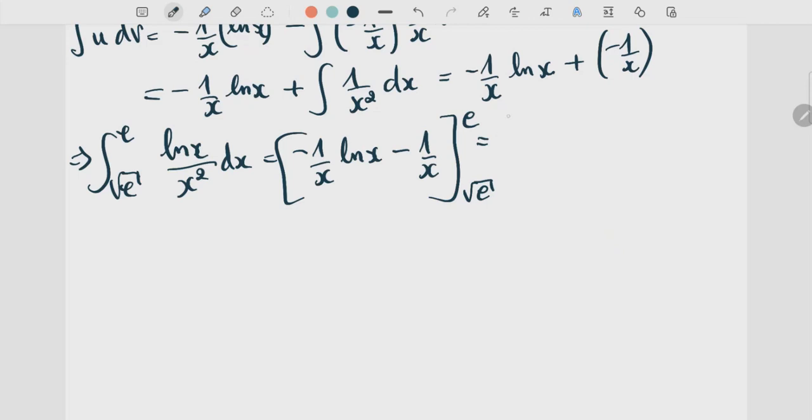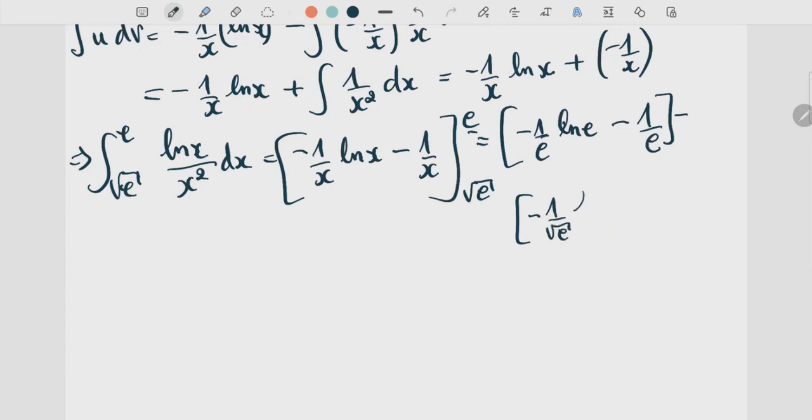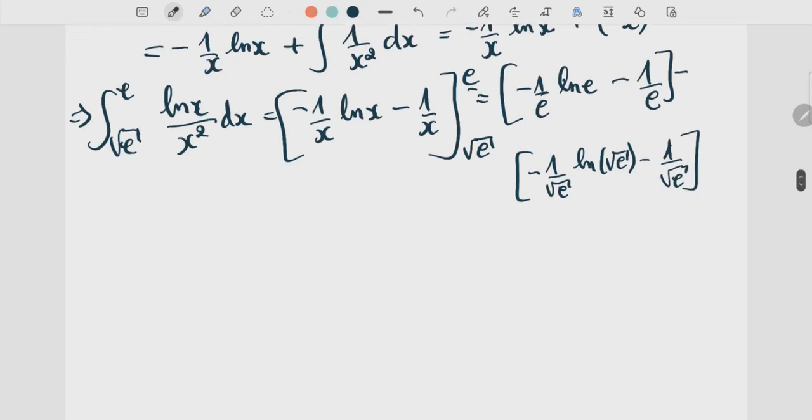If you substitute in, you have to start with the upper boundary, so you would have negative 1 over e multiplied by ln e, minus 1 over e, minus the second bracket, negative 1 over square root of e multiplied by ln of the square root of e, minus 1 over the square root of e. Let's simplify that.